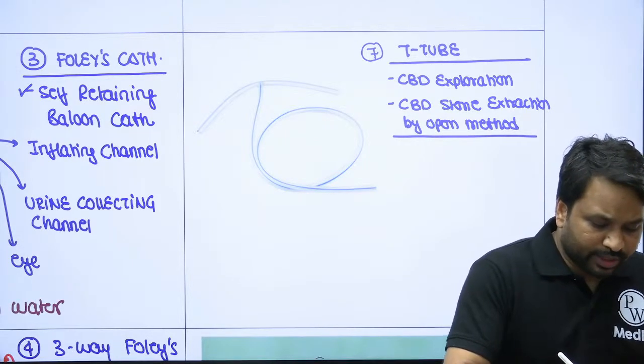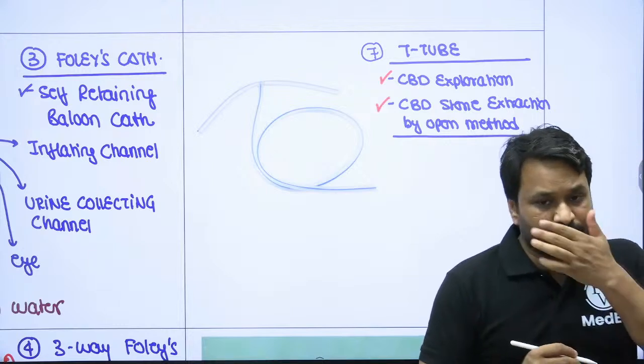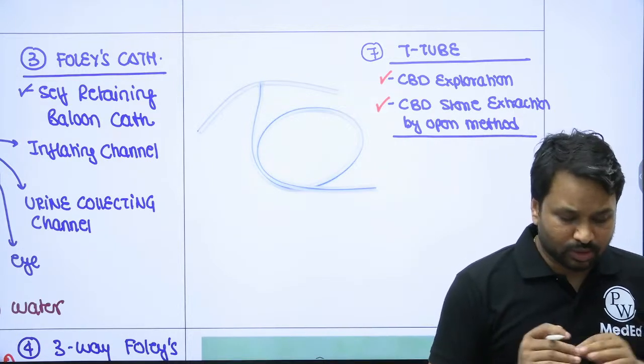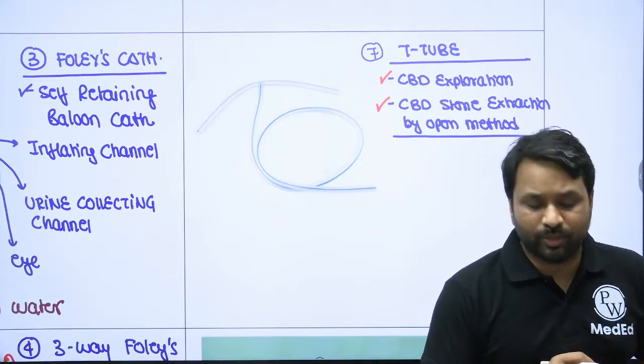So the function of the T-tube is after a CBD exploration, on a CBD stone extraction via an open method, right?